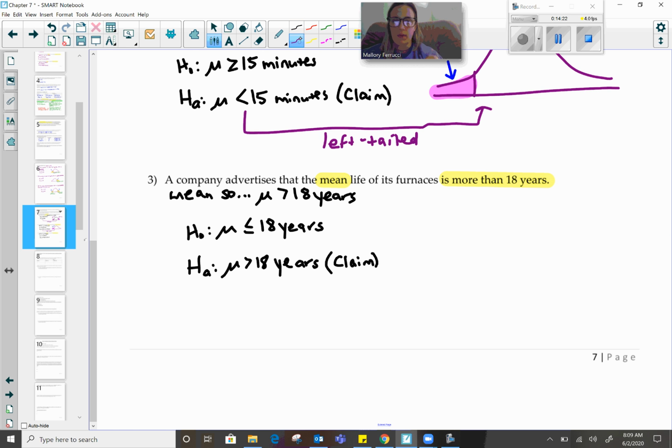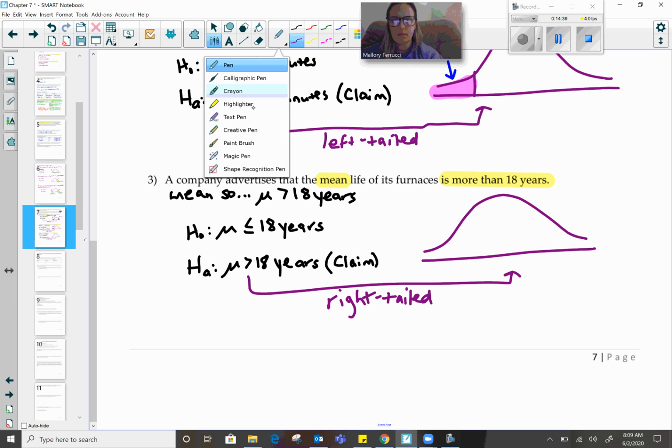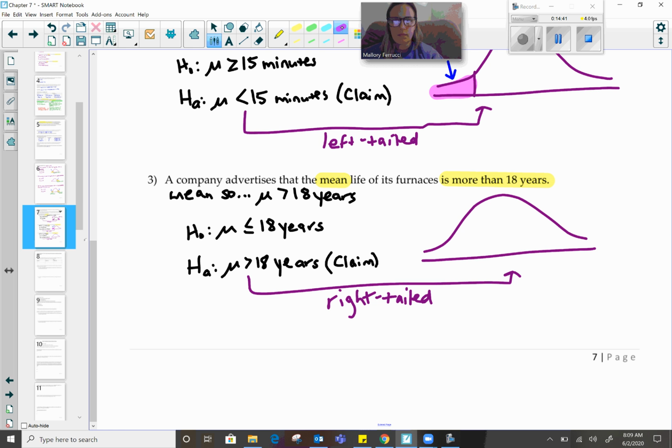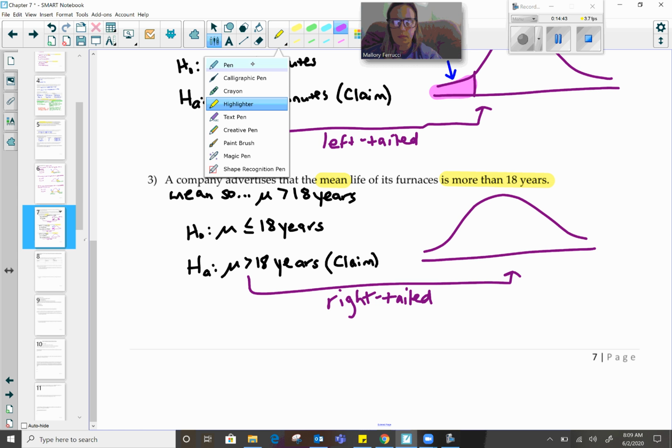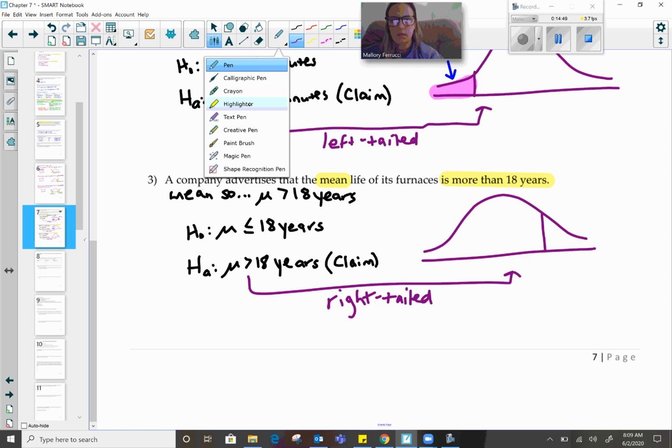Okay, so now it's always the alternative hypothesis. Take that. If it's more than, then it's right-tailed. So I'm going to have some value here.